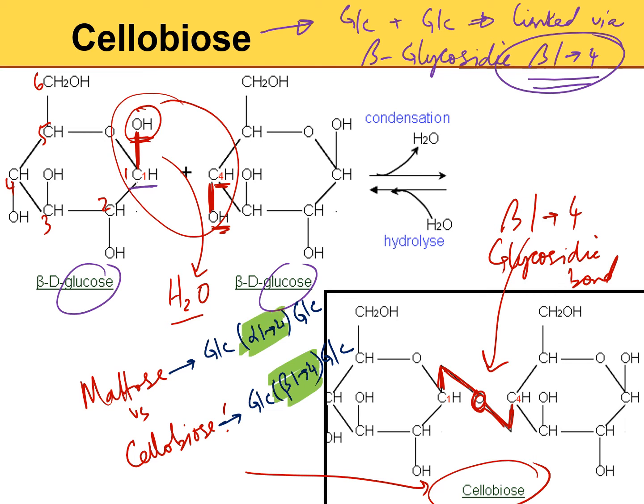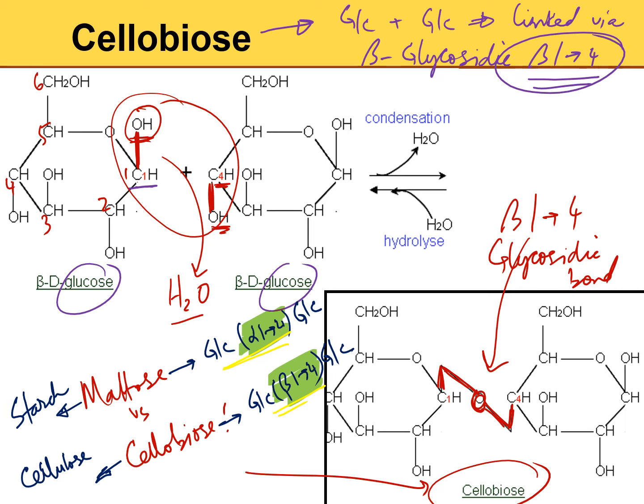Now, of course, I think some of you may know that maltose is found in starch like rice and French fries and so on and so forth. Cellobiose is found in cellulose, and cellulose is found in grass and so on and so forth. So this bond is the difference between French fries and grass, right?